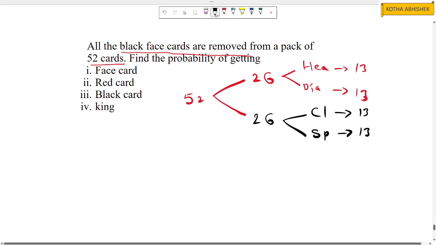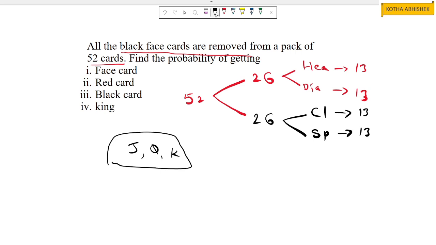Now the question is, all the black face cards are removed. What are the face cards first of all? J, Q, K are called face cards. Total face cards will be 12, of which 6 are red and 6 are black.